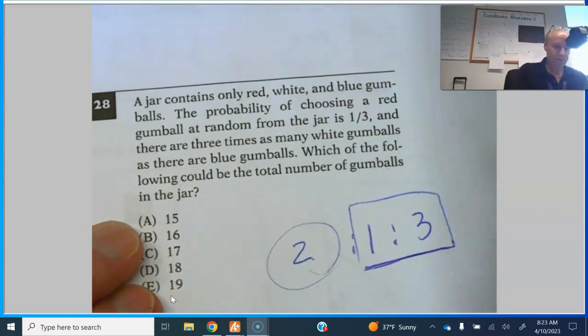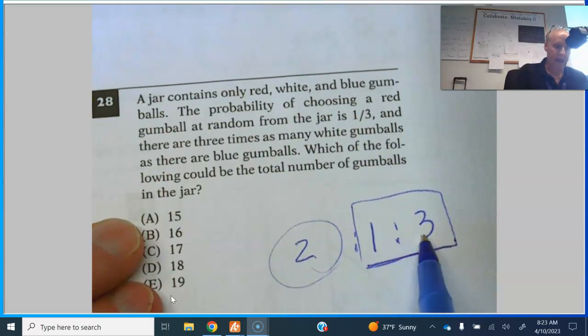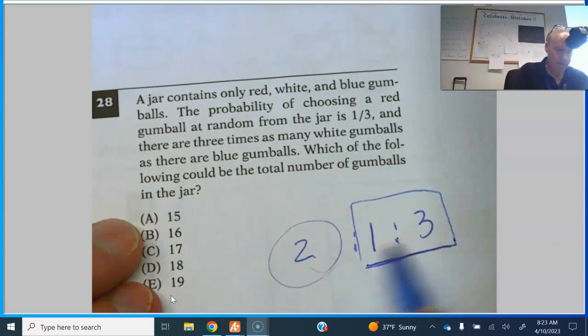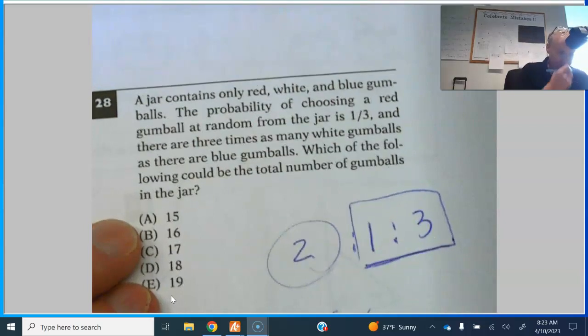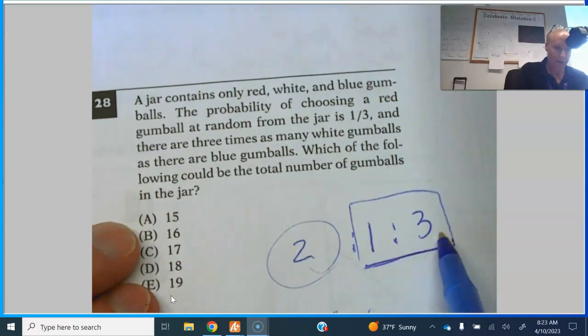It has to do with the fact that I want 1/3 of the gumballs to be red, and I have 4 parts for these two. What is the total number? Well, there has to be 6x gumballs. It has to be divisible by 6. There's no other way to go, because the only way to get 3 to 1 is to have 4 parts.